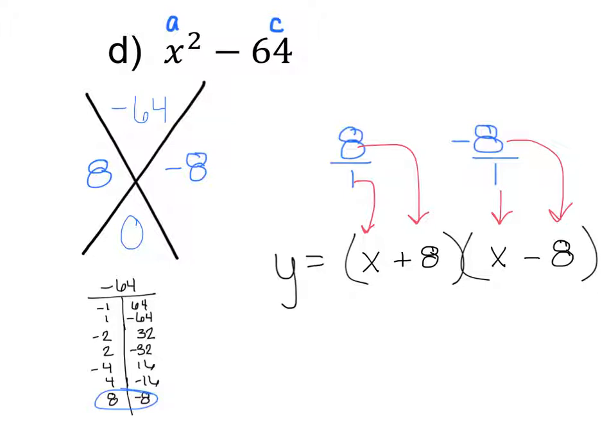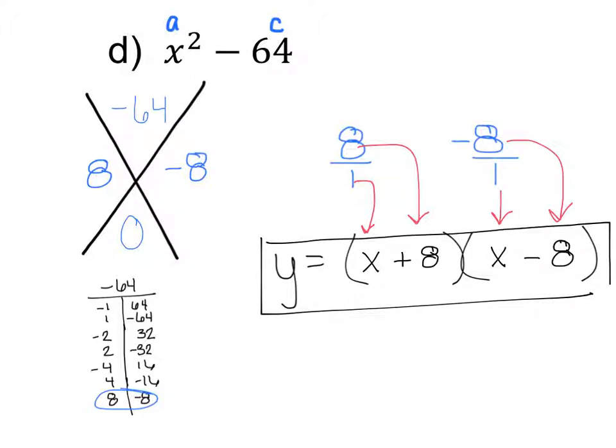You can put the 1 in front of the x if you prefer, that's fine. It is still correct. So there's our factors. All right, you see those two multiply to get negative 64, and they add to get 0, which is the B term.